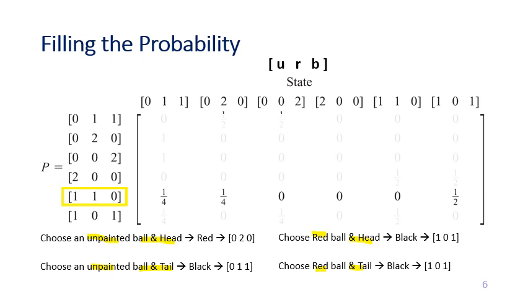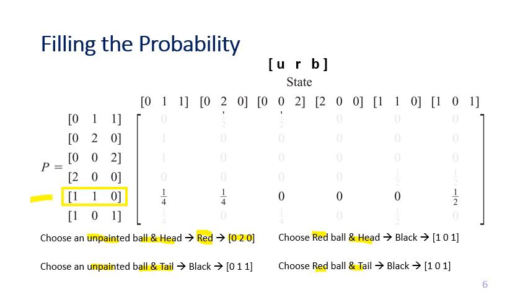Once you have listed all the possible events that may occur, both the balls and the coin, now you determine what happened to the ball that you chose. If you pick the unpainted ball and the coin comes up head, that unpainted ball will become a red ball, such that your next state will become 0, 2, 0.